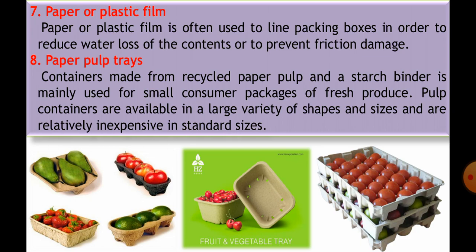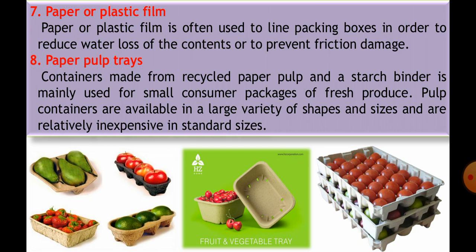Containers made from recycled paper pulp and a starch binder are mainly used for small consumer packages of fresh produce. Pulp containers are available in a large variety of shapes and sizes and are relatively inexpensive in standard sizes.